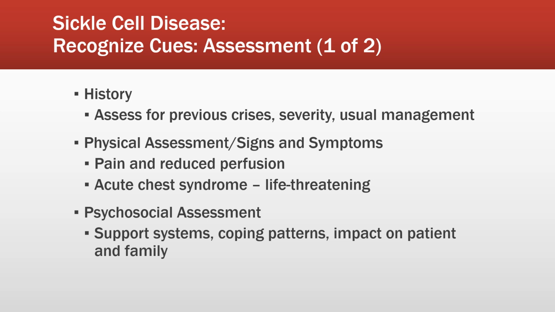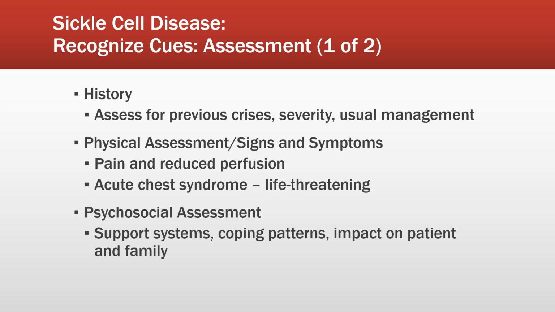Abdominal wise, on assessment you may notice spleen or liver enlargement. So important cues to follow. Kidney, chronic kidney disease, which could lead to kidney failure. Musculoskeletal, they're going to have joint damage, joint degeneration. They have decreased range of motion.